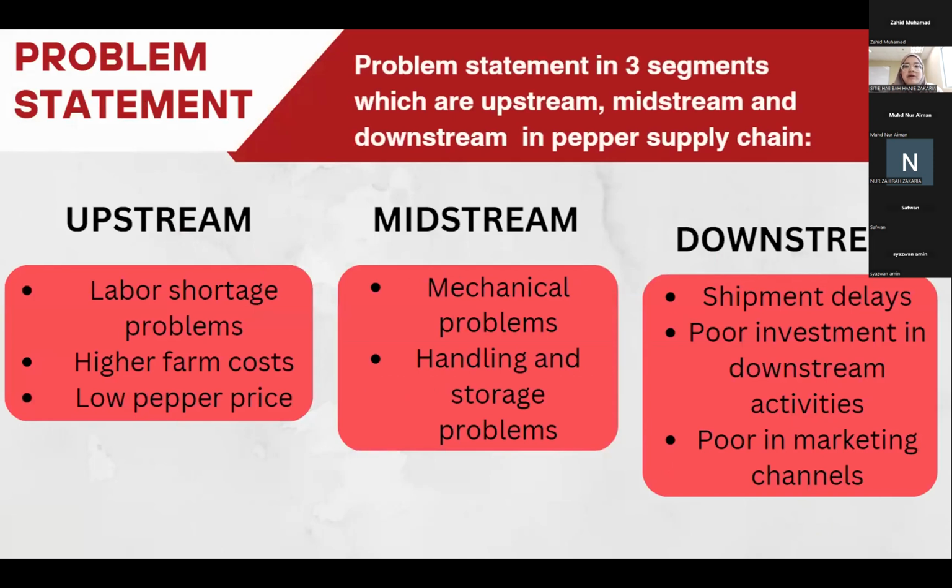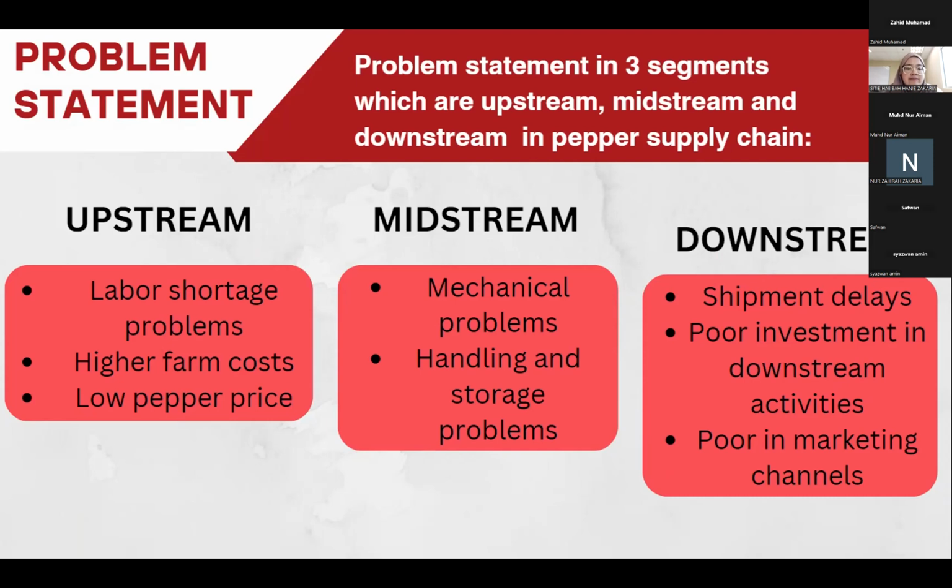This is a problem statement in three segments, which is upstream, midstream, and downstream in a pepper supply chain. First, in upstream, the labor shortage problem, because the majority of the pepper farmers are an aging population, while most of the children or young people have sought better job opportunities outside the village.